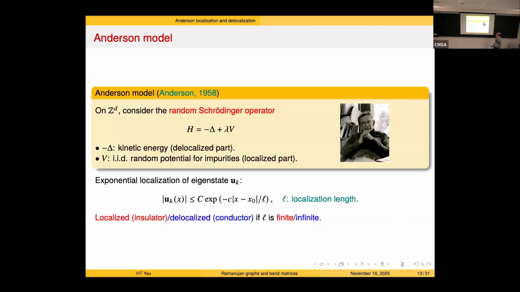So Anderson claimed that there's an insulator and conductor transition. In the insulator case, the eigenvectors are exponentially localized, and for the conductor phase, this L goes to infinity. It becomes everywhere. So this is Phil Anderson's fundamental idea.